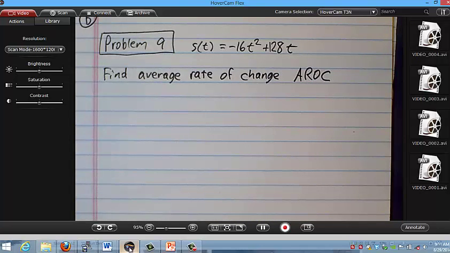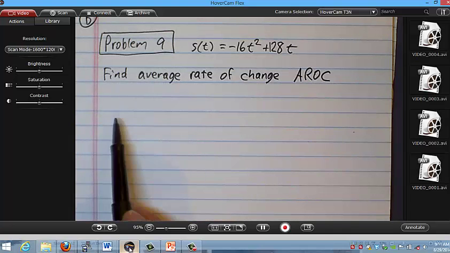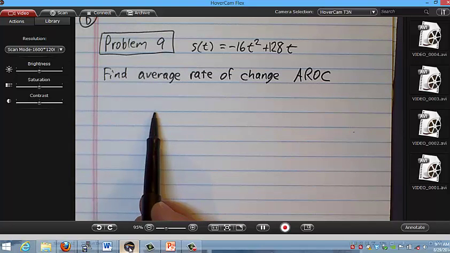No one else calls it AROC. I do. Well, I do that because then when I want to talk about the slope of a tangent line, I can call that an instantaneous rate of change, IROC for short. So we have AROC and IROC. But people do call it this, average rate of change, instantaneous rate of change.